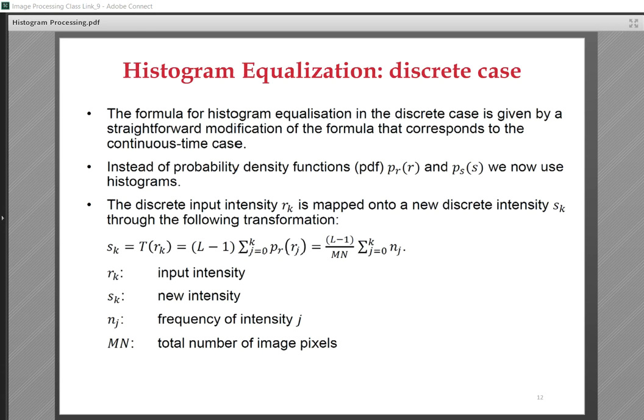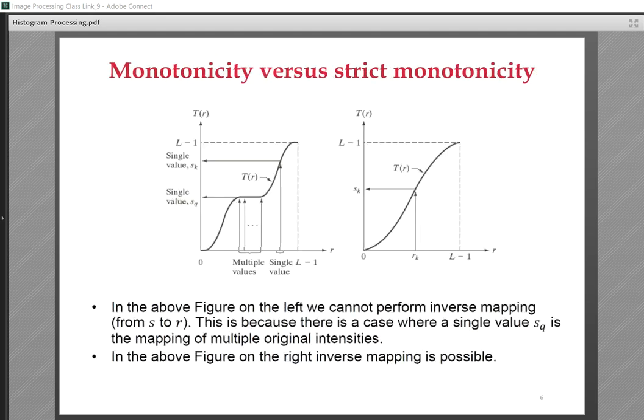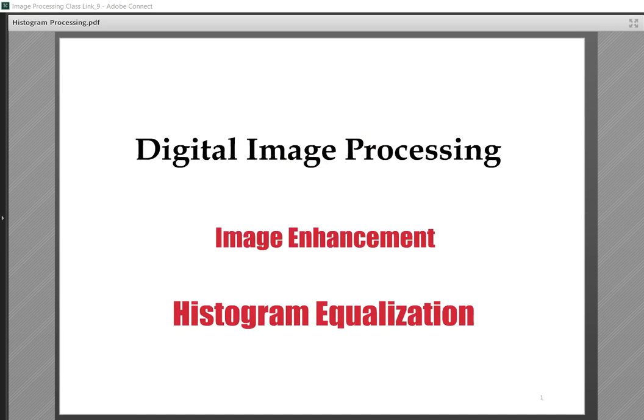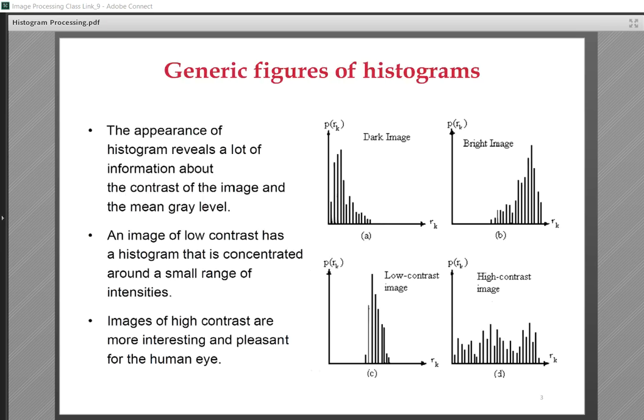Very simple. The discrete input intensity r_k is mapped onto a new discrete intensity s_k through the following transformation. s_k is T(r_k), or is L-1 times, instead of integral, sigma from 0 to k of p_r(r_j), with r_j from 0 to k.